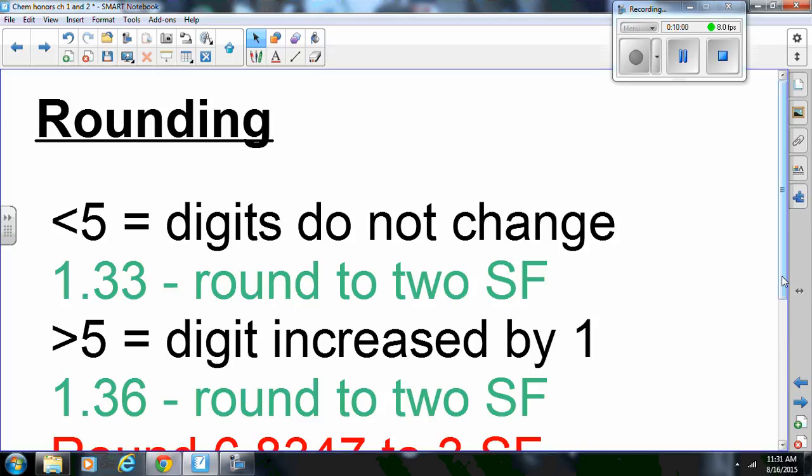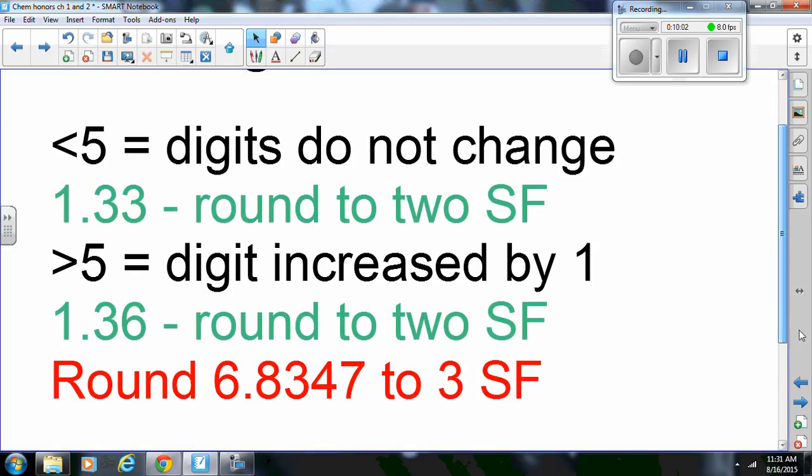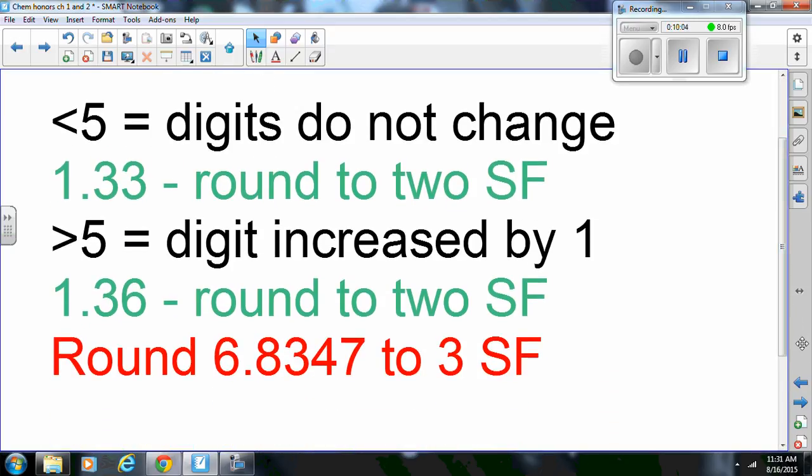All right, rounding. So not only do you have to write things concisely and figure out significant figures, you have to know how to round in order to make your numbers concise. Okay, so there's 2 rules. If a digit is less than 5 and you're trying to round, then you'll make no change. So if you take 1.33 and try to round it to 2 significant figures, so 2 significant figures is the 1 and the 3.